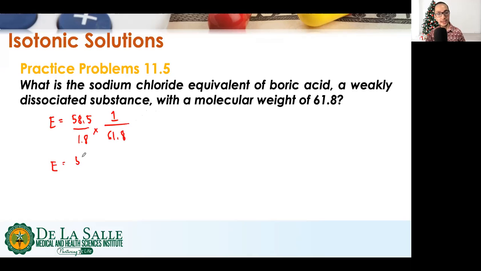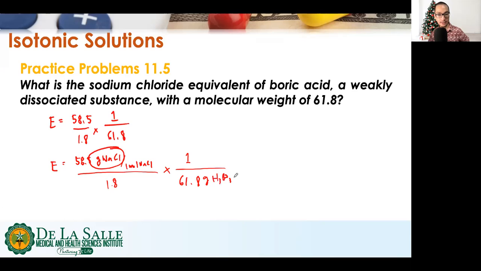58.5 is actually grams of sodium chloride per mole of sodium chloride. So the grams of sodium chloride is at the top, in the numerator, divided by 1.8 particles and times 1 divided by 61.8, which is also in grams of boric acid per mole of boric acid.